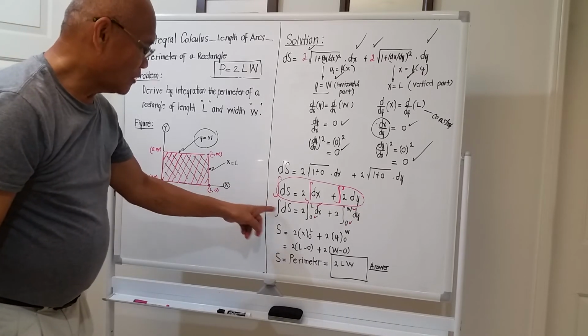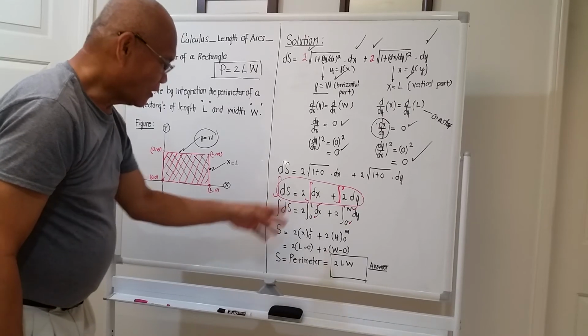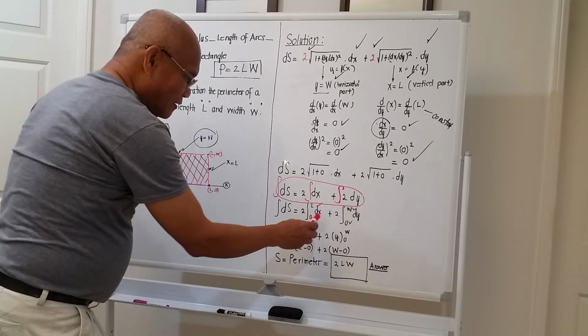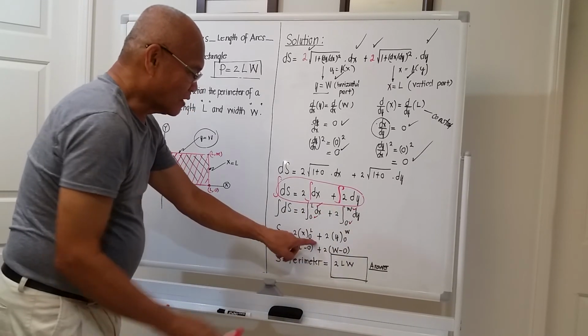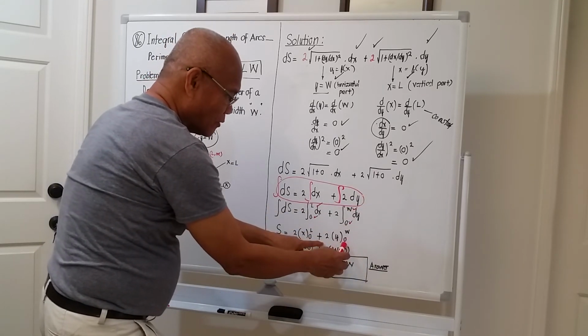So the integral of the differential length of arc is just the length of arc, equal to 2. We move it out. The integral of dx is x with the limit from 0 to L, plus 2, the integral of dy is just y with the limit from 0 to W.